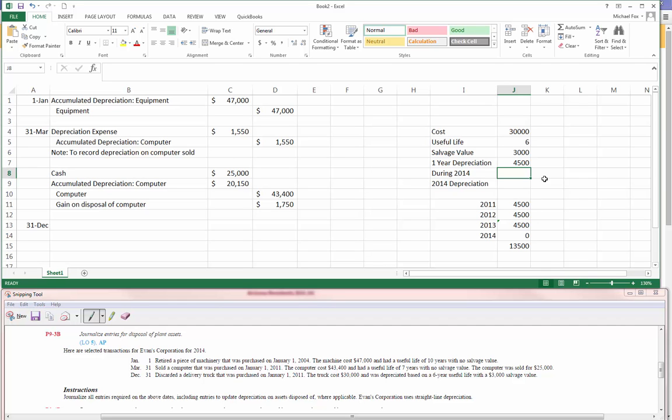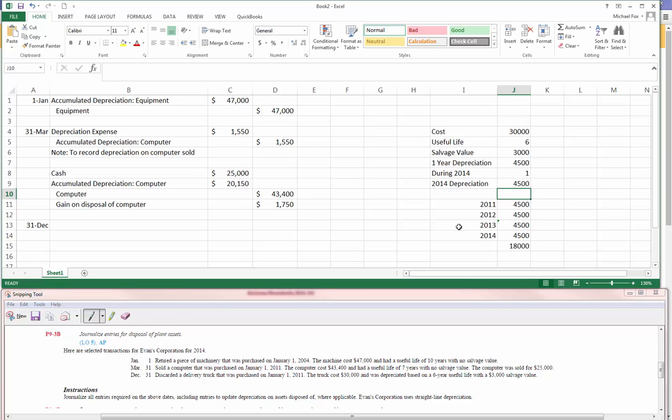Same thing, we need to figure out how much depreciation happened during 2014. So from January 1st, 2014 to December 31st, 2014 is a full year. So we had one year's worth of depreciation. So that would be $4,500. It's a whole year's worth.